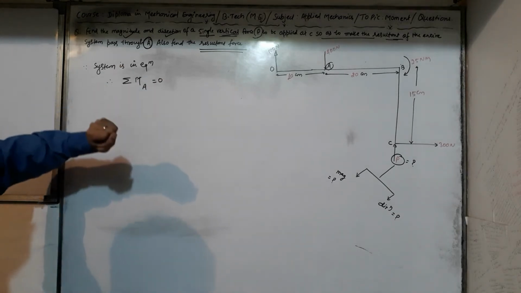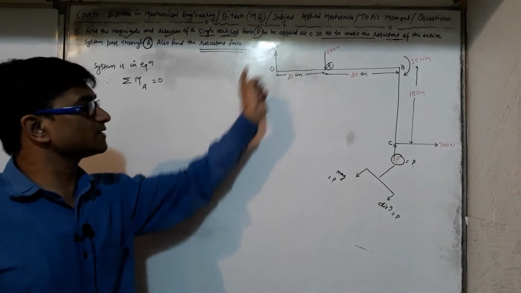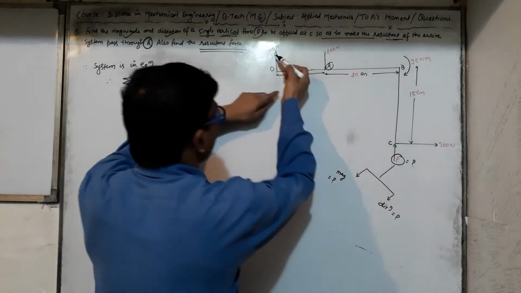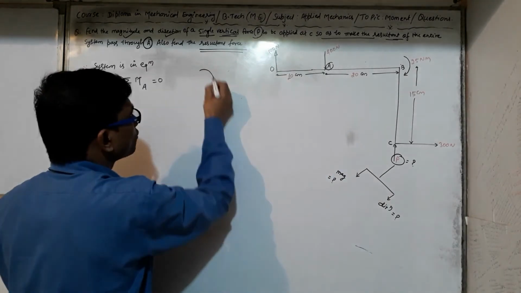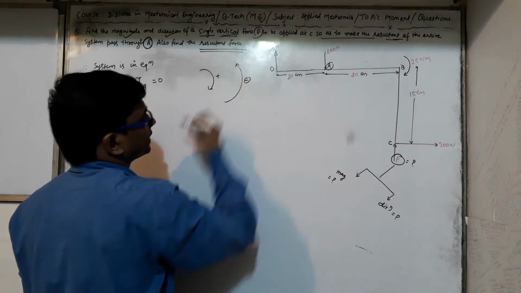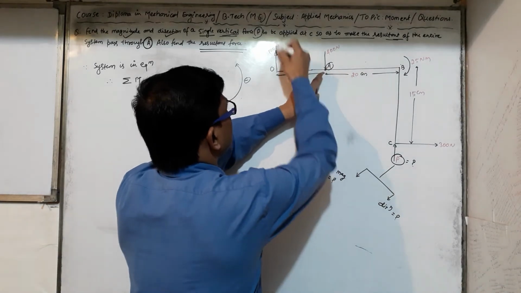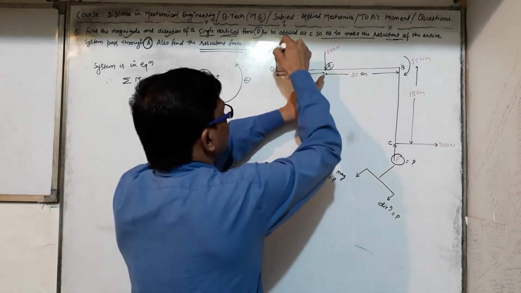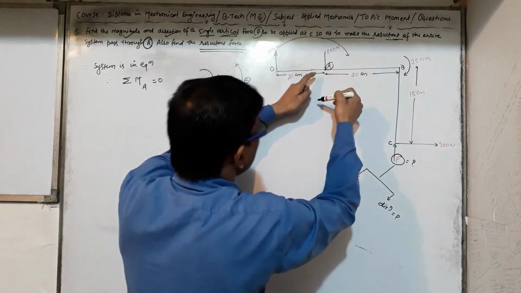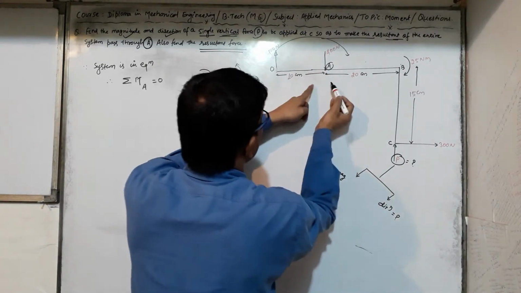System in equilibrium means there is no rotation taking place about this point A. I am considering clockwise moment as positive and anti-clockwise moment as negative. About this point A, the 100 Newton force will produce a clockwise moment, so we take clockwise moment as positive: 100 into the perpendicular distance.